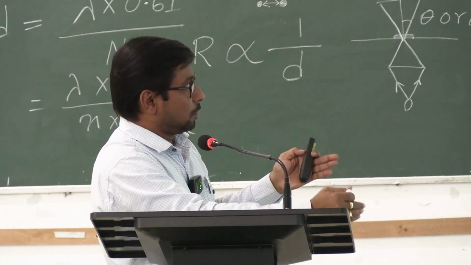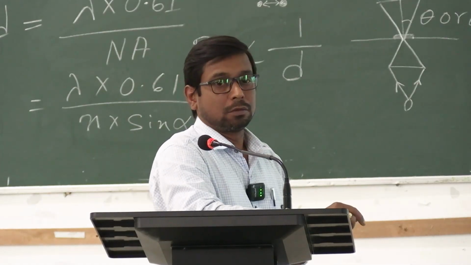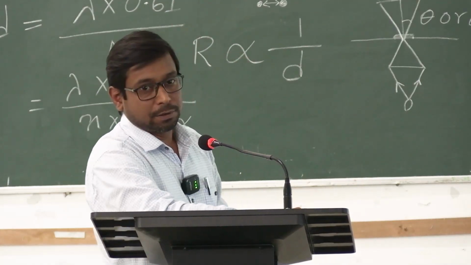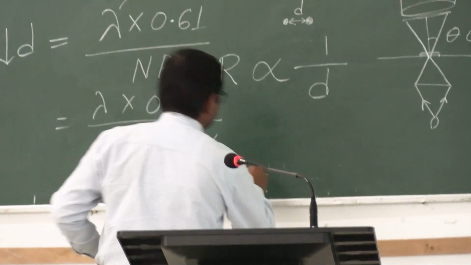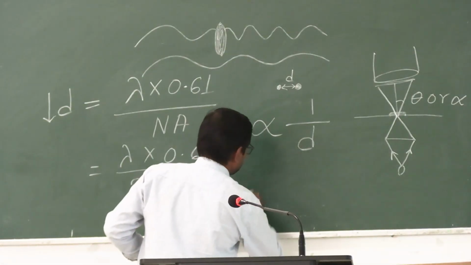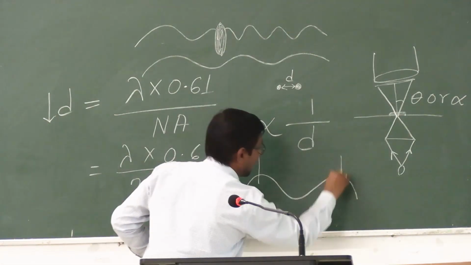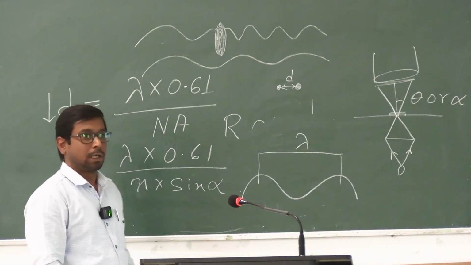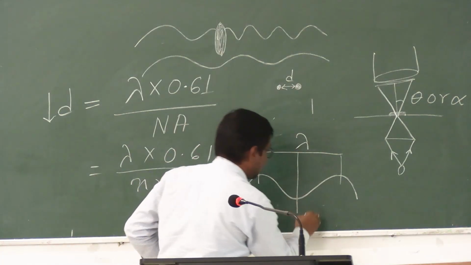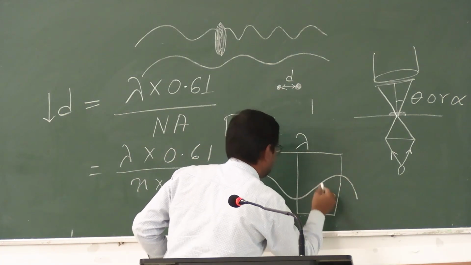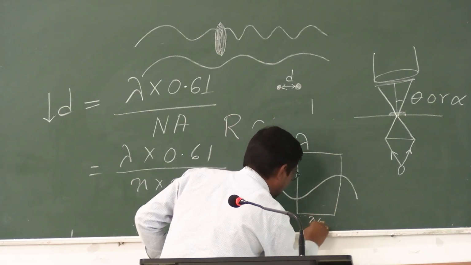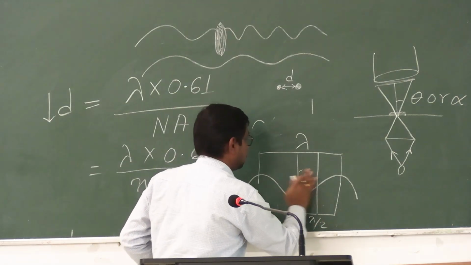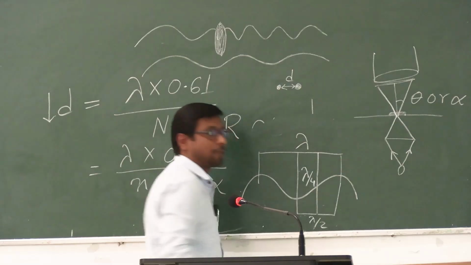and again we will get a more black background and a brighter image, because suppose this is the wavelength, from here to here it is lambda, and this is lambda by 2, and this is lambda by 4, like that.